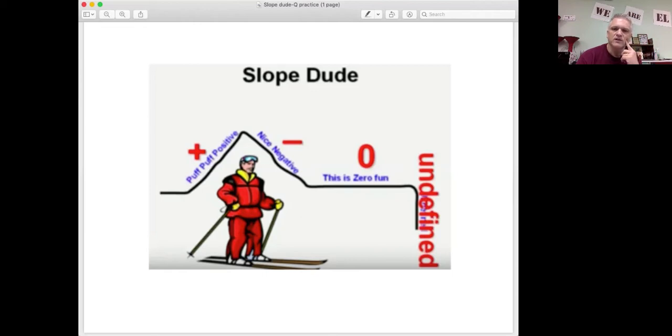And then he has to work cross-country skiing, and he said, this is zero fun. It's like zero slope. And then he gets the vertical part and he's toast. And that's undefined. Okay, so if you needed a little extra help to memorize those, feel free to use the Slope Dude.